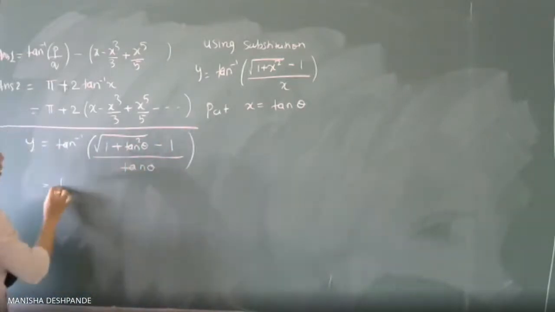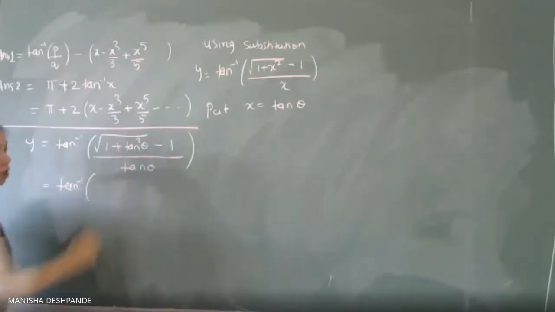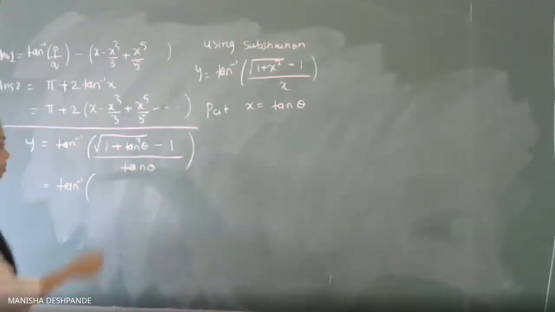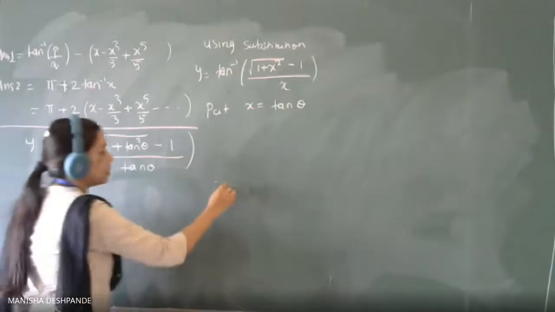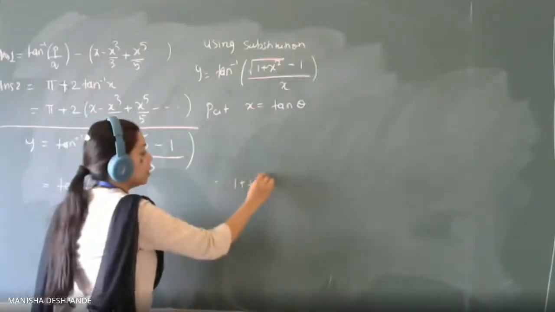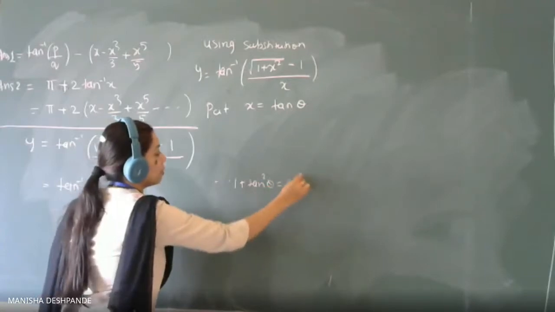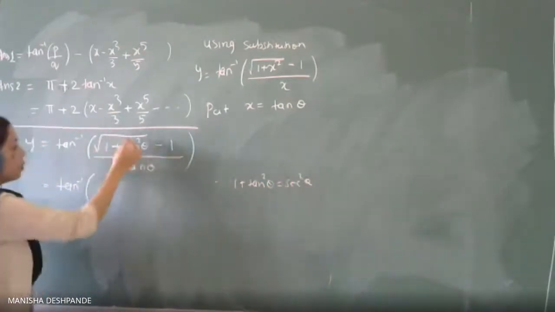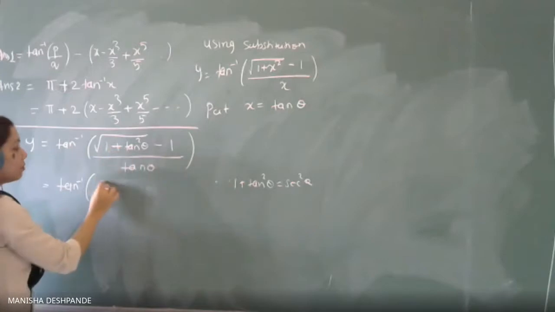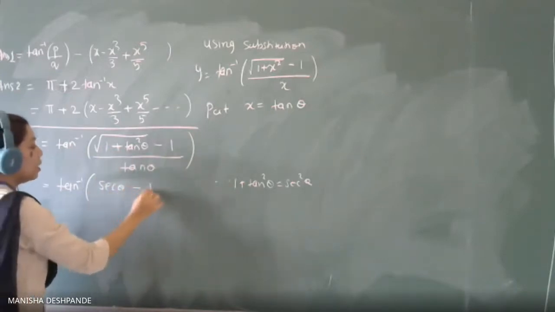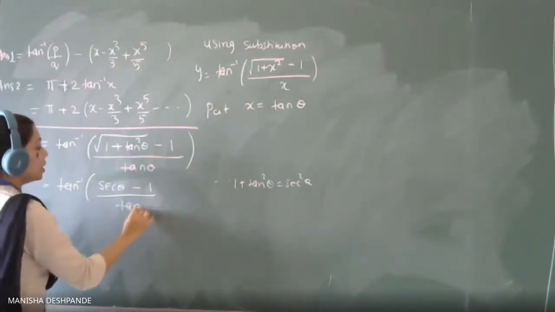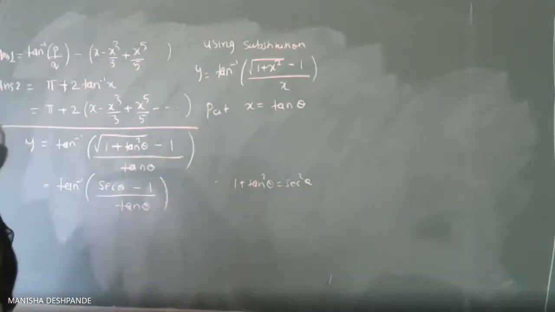So that will become tan inverse of, what is 1 plus tan square theta? Sec square theta. Since 1 plus tan square theta is sec square theta, you will get square root of sec square theta, which is sec theta, minus 1 upon tan theta. You can simplify this further.